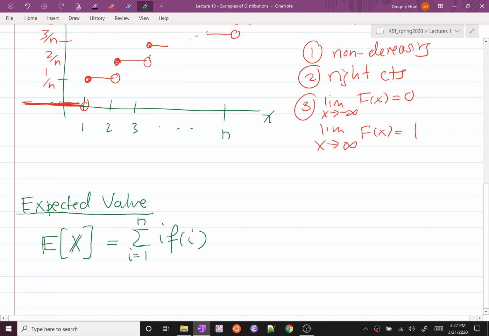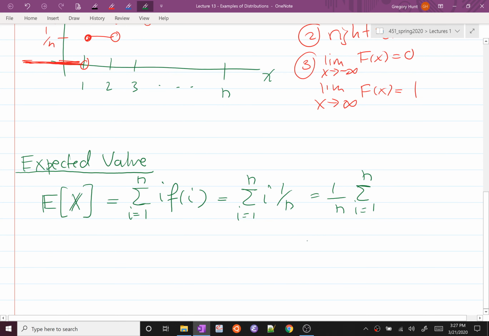It doesn't really matter. If we plug in for what f of i is, it's 1 over n in all cases. We can bring that out. So we get 1 over n times the sum, i goes 1 to n.